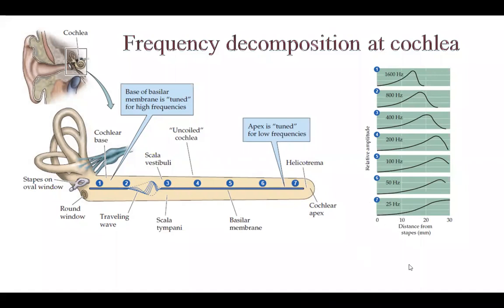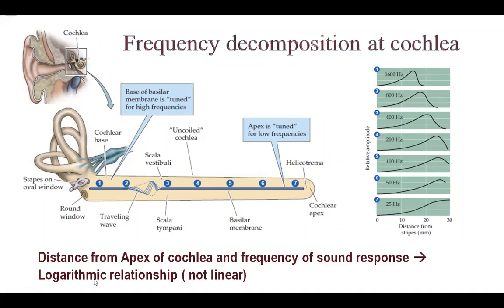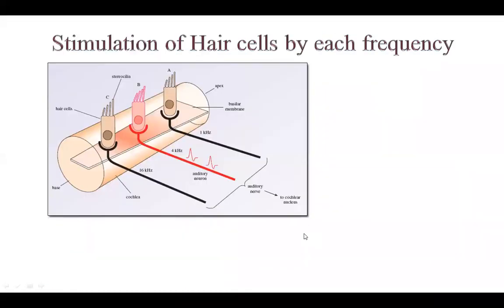If you compare with the distance from the stapes, as the distance increases, the portion of basilar membrane responds to a lower frequency of sound. So we can say that the distance from the apex of the cochlea and the frequency of sound follow a logarithmic relationship. It is not a linear relationship. So the base has higher frequency and the apex has lower frequencies.